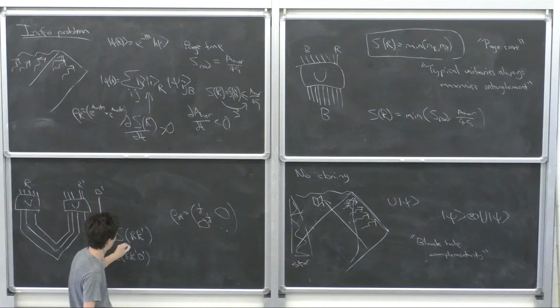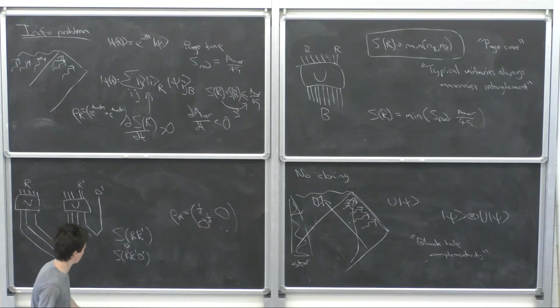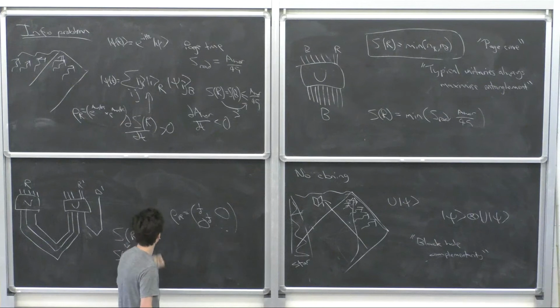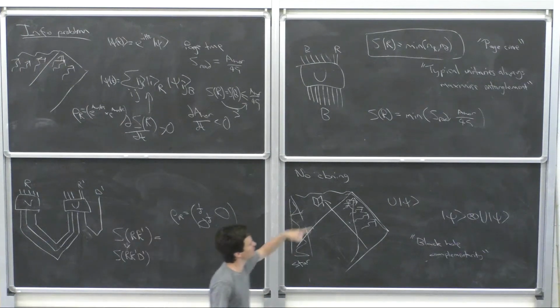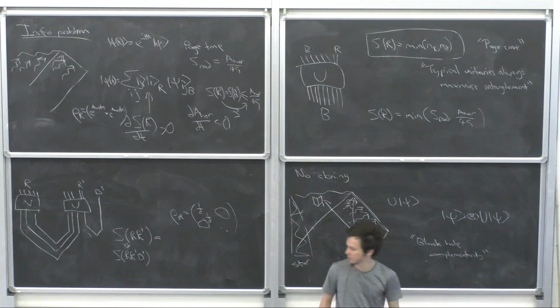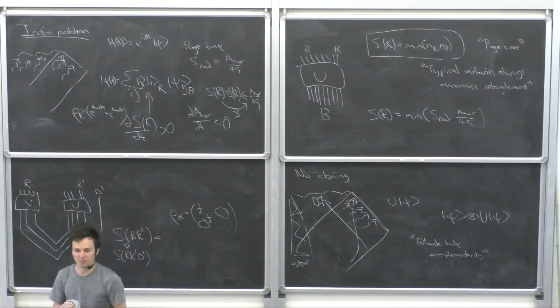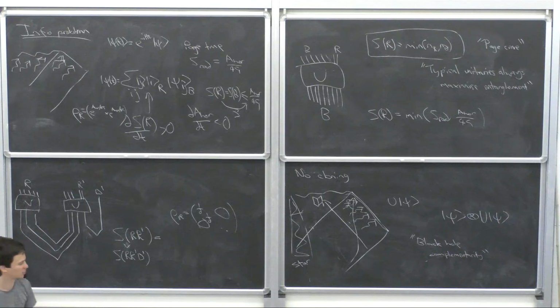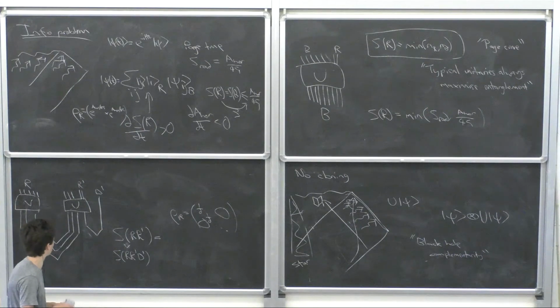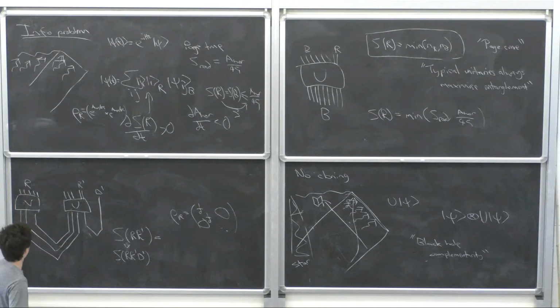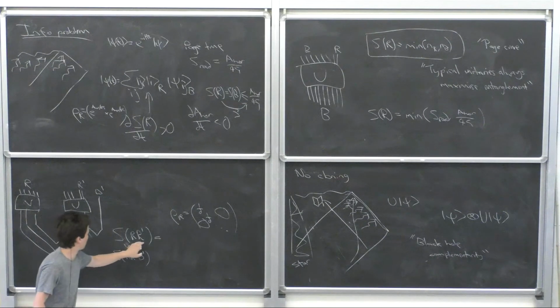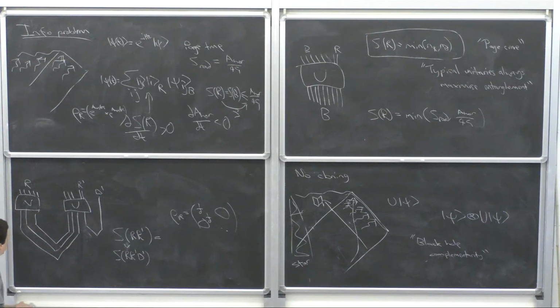So let's compute these things. We're going to do that by the principle I described up here, which is that typical unitaries, this is a random unitary U, will always act to maximize entanglement, to make as much entanglement as possible. So let's think about what bounds we have on the entropy of R and R prime.